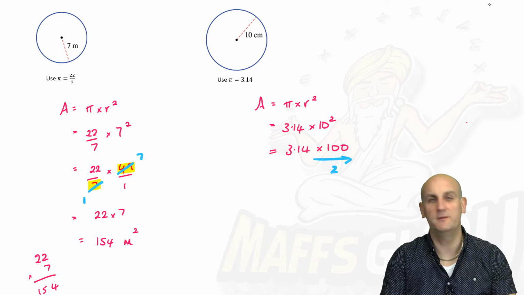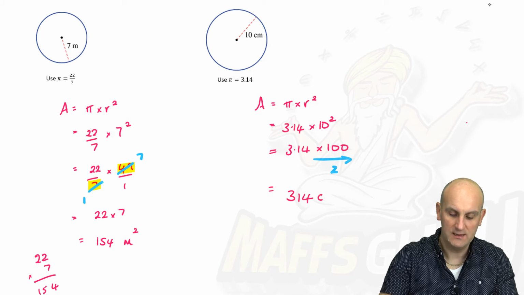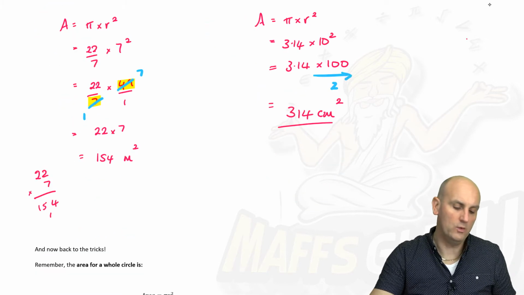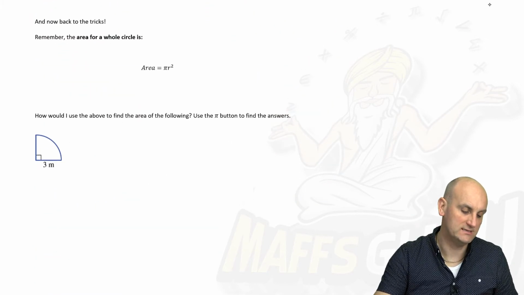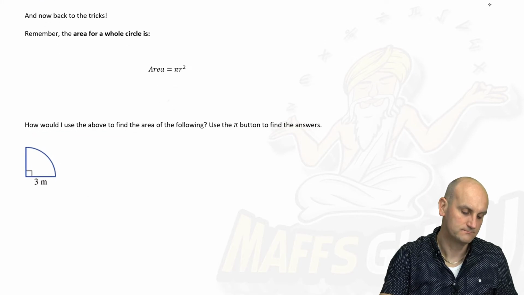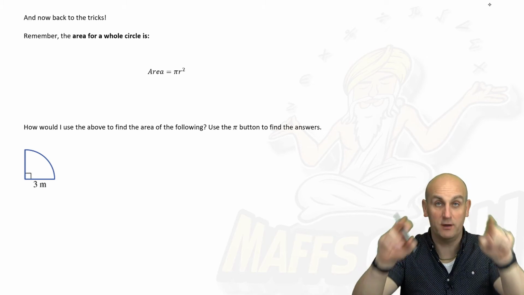When I multiply by 100, just move the decimal point by 2 places. So that becomes 314. My units are centimeters, and I have squared. So all of this is just repetitive. Now, as I say here, zooming back in just a little bit, area is pi r squared, but that is the area of the whole circle.